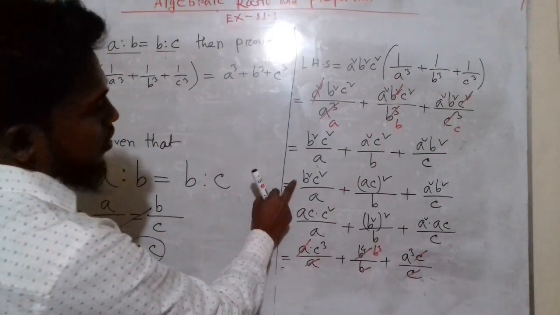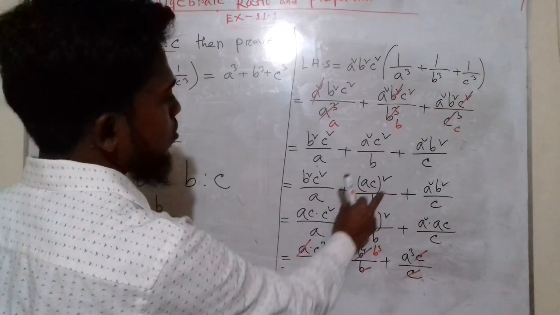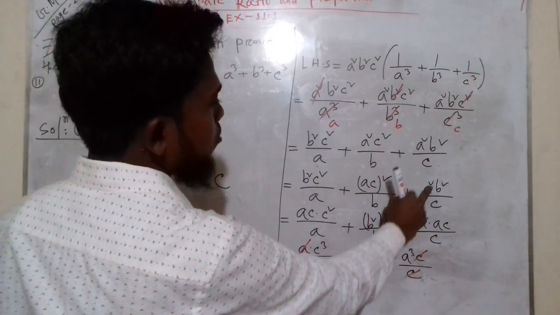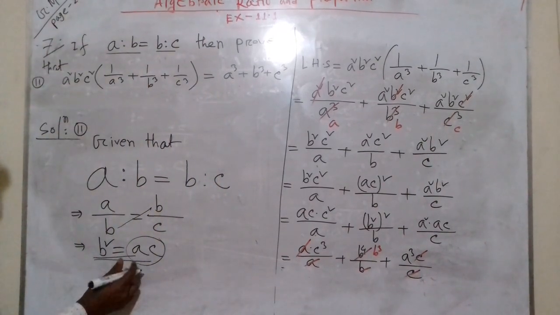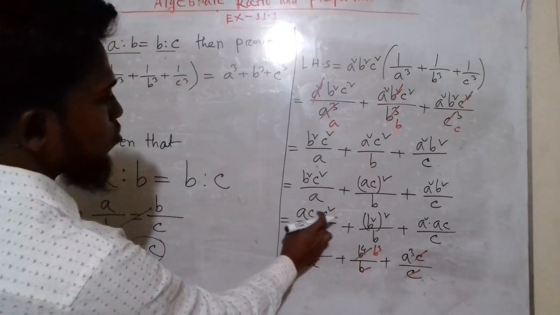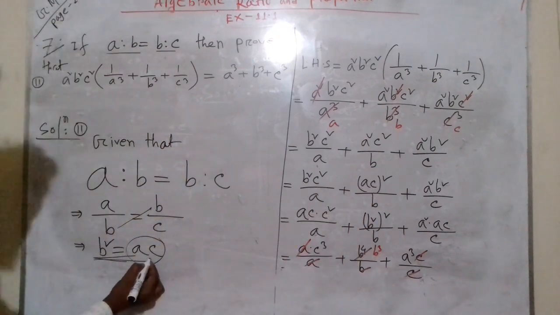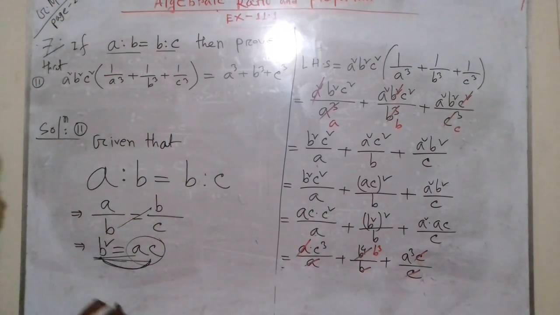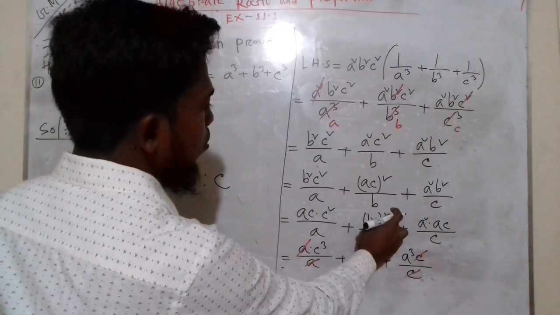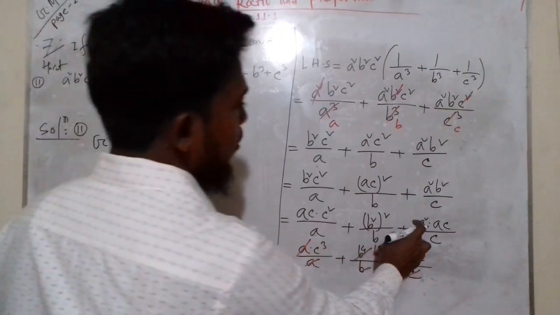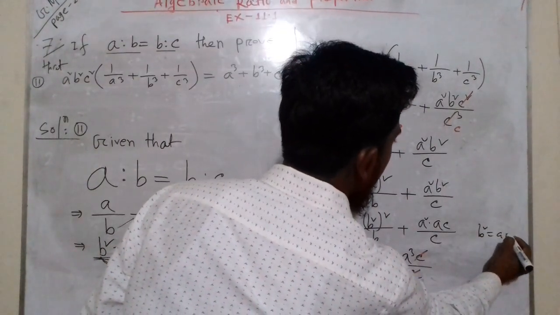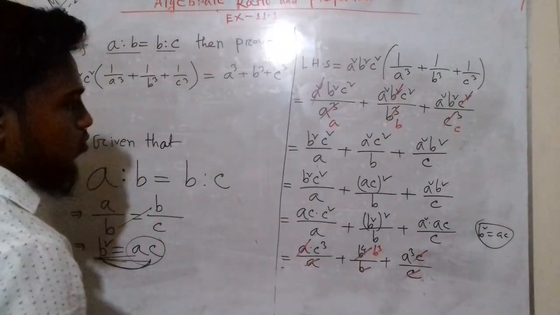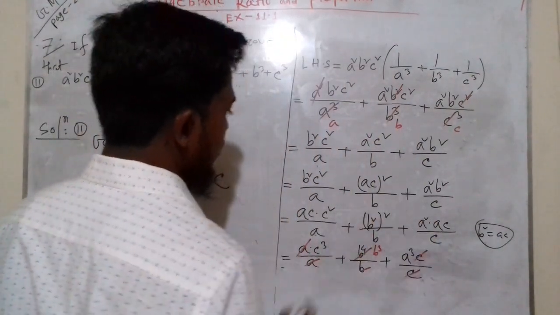Now we can write a square b square by a plus ac whole square divided by b plus a square b square divided by c. Now we put the value of b square equal to ac, or ac equal to b square. So a square into ac divided by c.